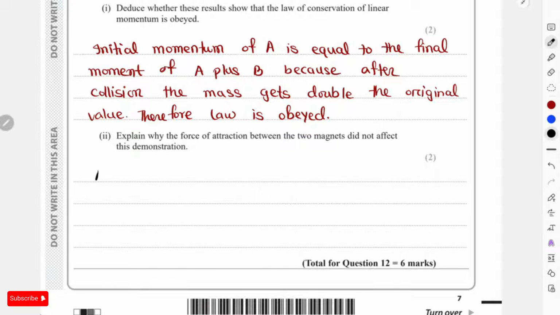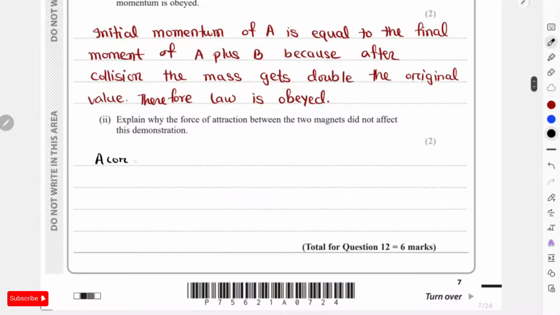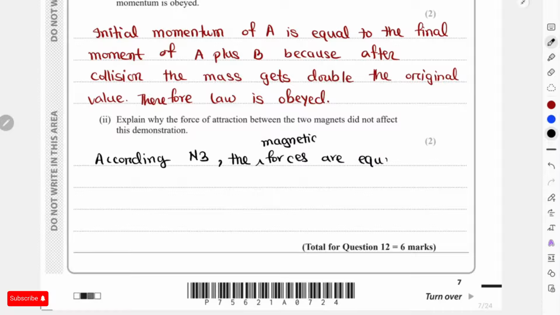I think we should mention the third law at the very start, that according to Newton's third law, we can just write N3. The forces, specifically the magnetic forces, are equal in size and opposite in direction.